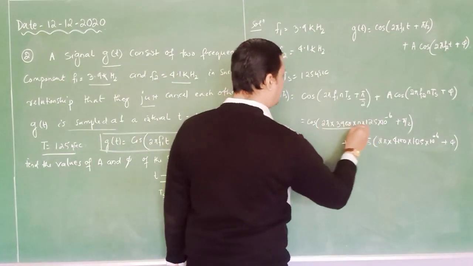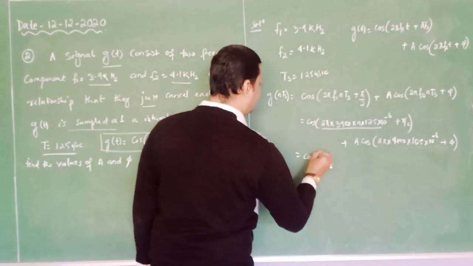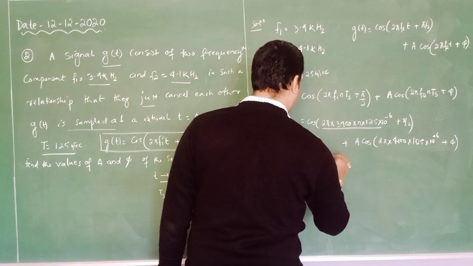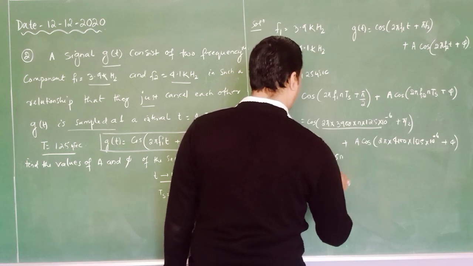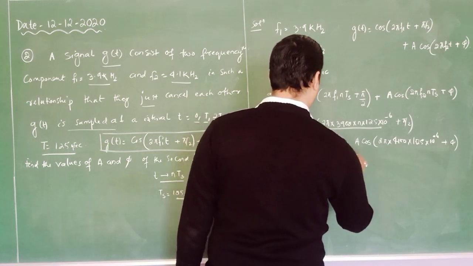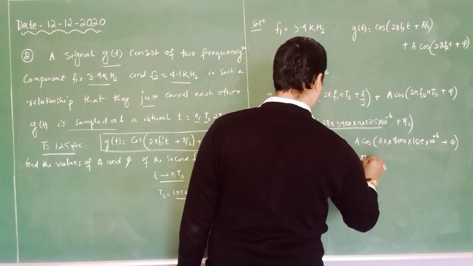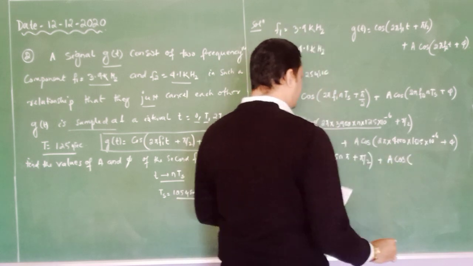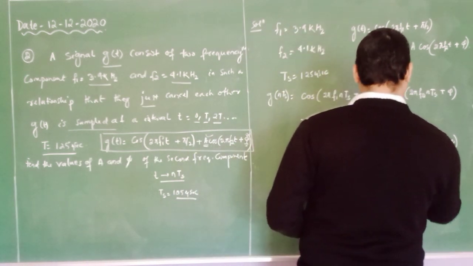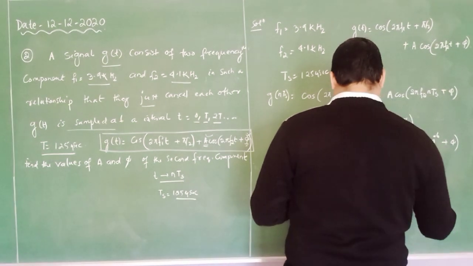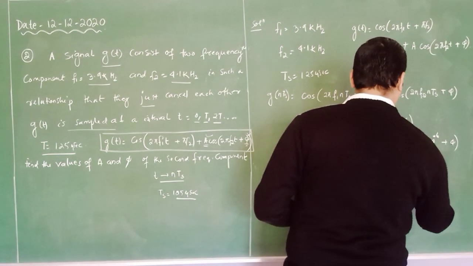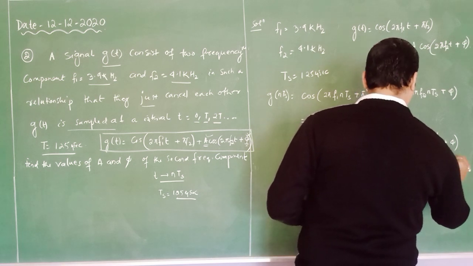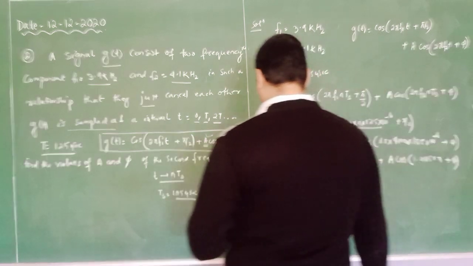So if I solve this component, I will get cos of 0.975 n pi plus pi by 2 plus A cos, here n is also available, and this we will get 1.025 n pi plus 5. So this is the resultant value.